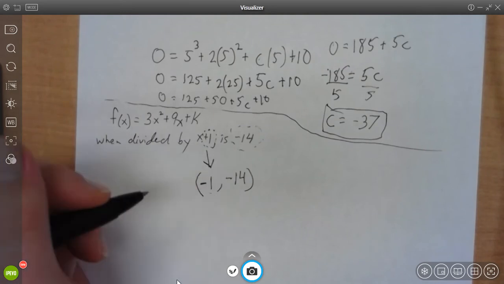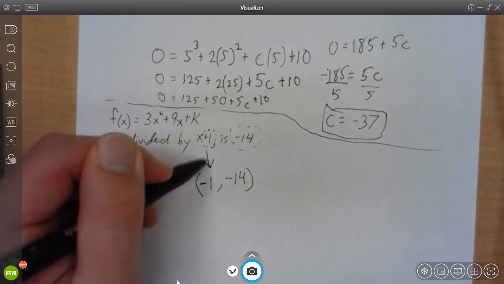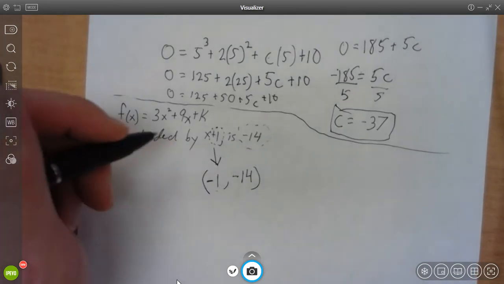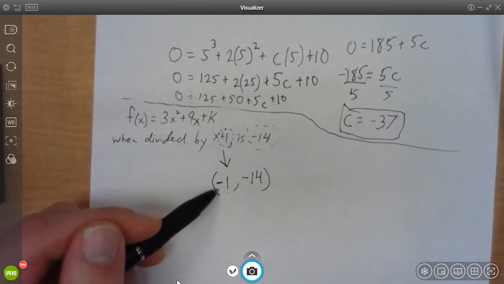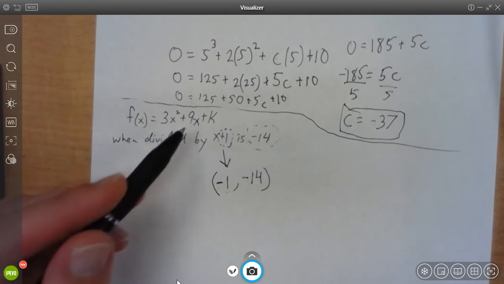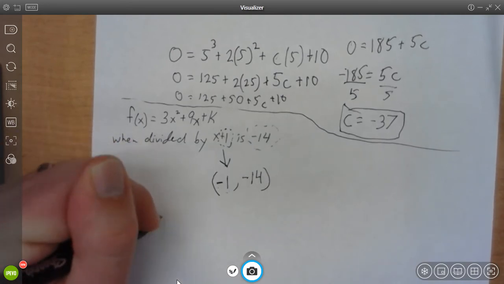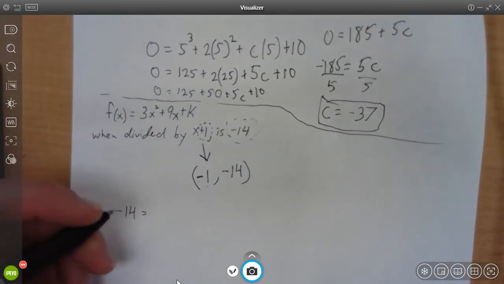So negative 1 is our x value here. You can also just take the opposite of this value that you see. So I know that this point exists on the function. I'm going to replace x with negative 1 and f of x with negative 14. And then it just turns into a simple math 1 or math 2 problem.